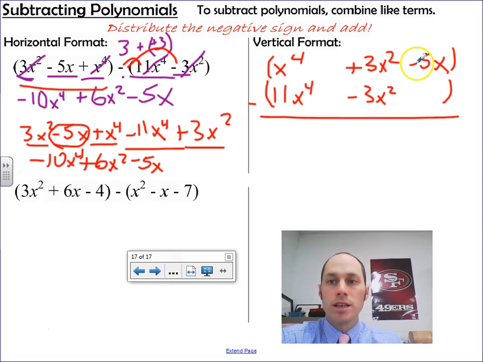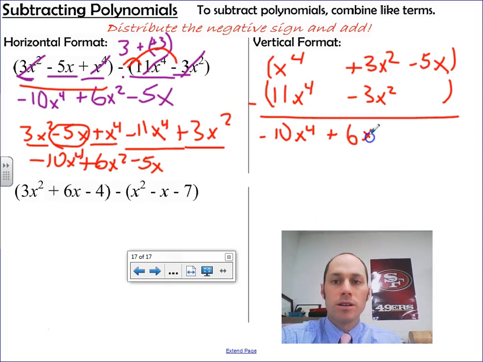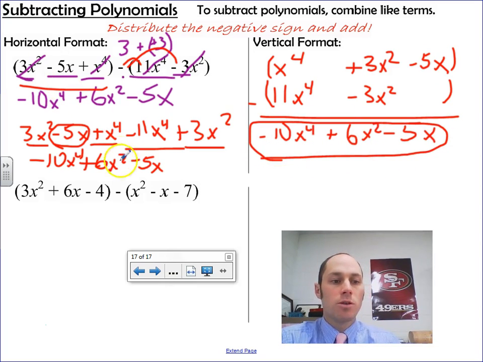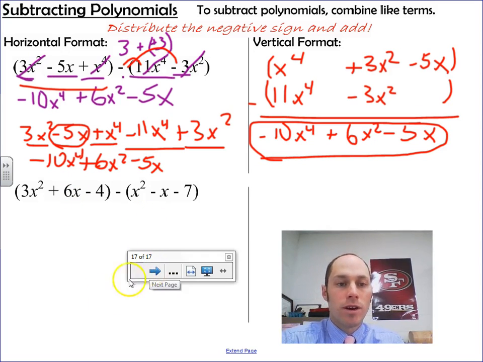So just keep in mind that we need to subtract each of these. 1 minus 11 is negative 10x to the fourth. 3 minus negative 3 is positive 6x squared. Negative 5x minus nothing is negative 5x. So either way, we get the same value. Just take whichever method you're comfortable with. Try the next example, pause it, and start it when you're ready.